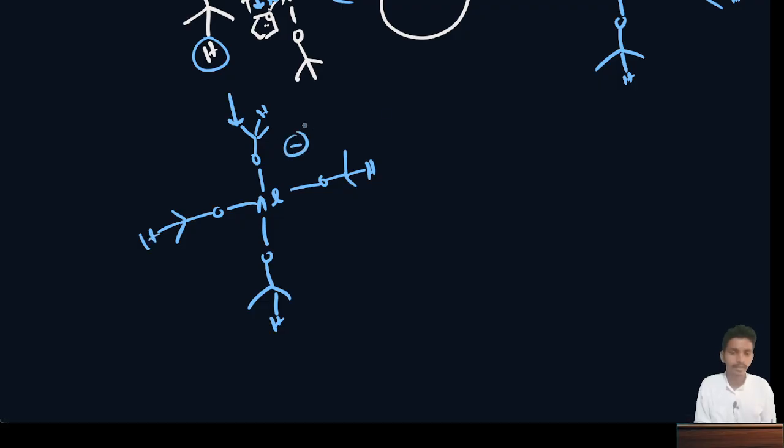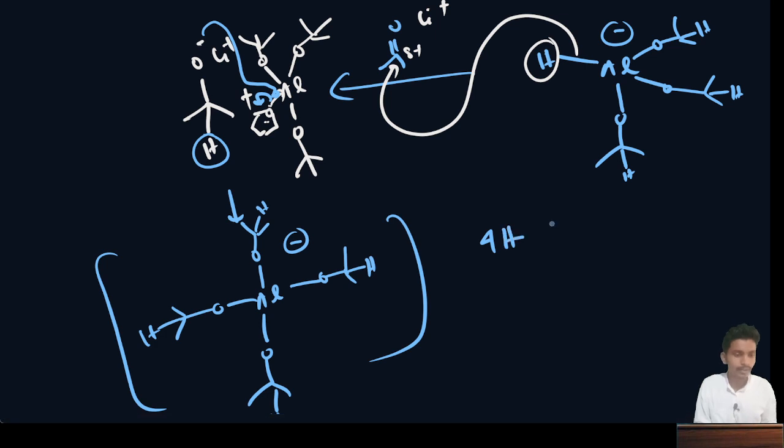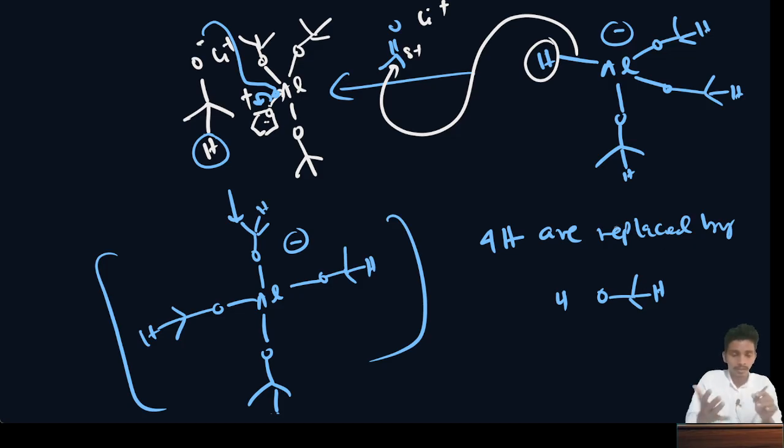Again it gets the negative charge. In this way all the hydrogens are replaced by these groups, so 4 hydrogens are replaced by these groups.